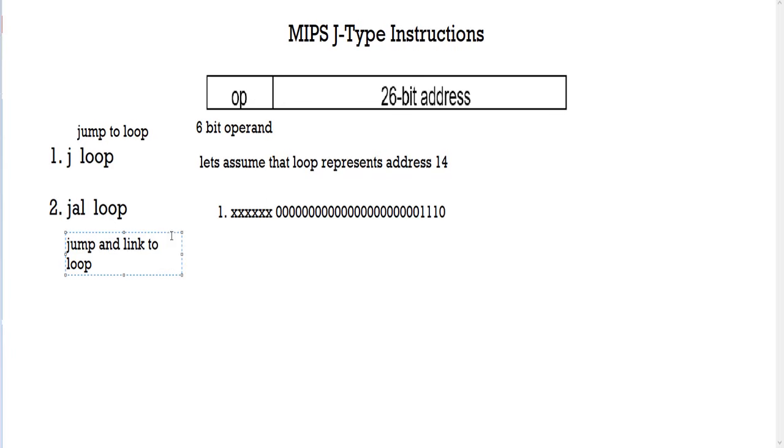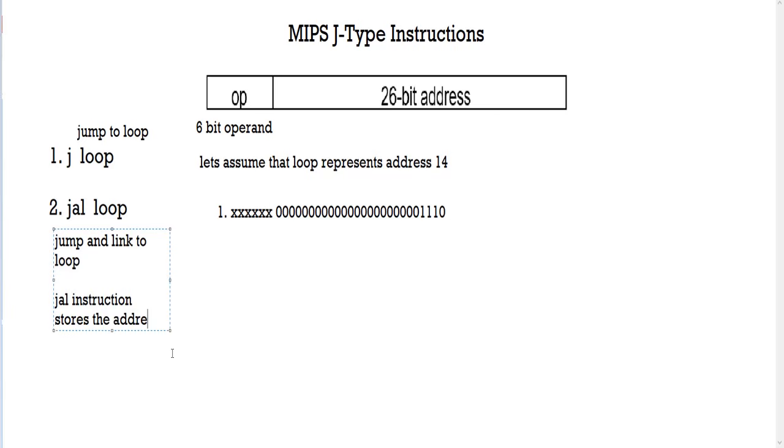In procedures, when we're calling a procedure, we usually use this JAL instruction. So what it does is that the JAL instruction stores the address of the next instruction in the code to the register RA.